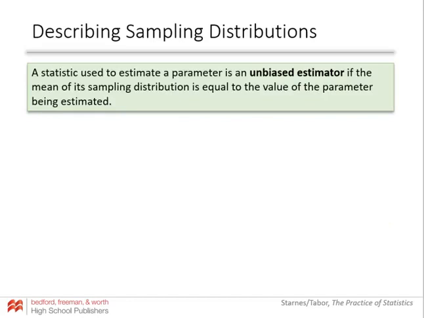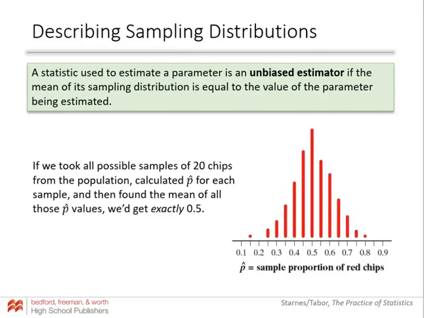All right, when we do sampling distributions, we can have biased and unbiased estimators, right? Because we're taking a sample, our sample might not exactly equal the population, but we want to know if it's going to give us a good estimate. So we say it's an unbiased estimator if the mean of the sampling distribution is equal to the value of whatever we're trying to find, the value of the parameter.